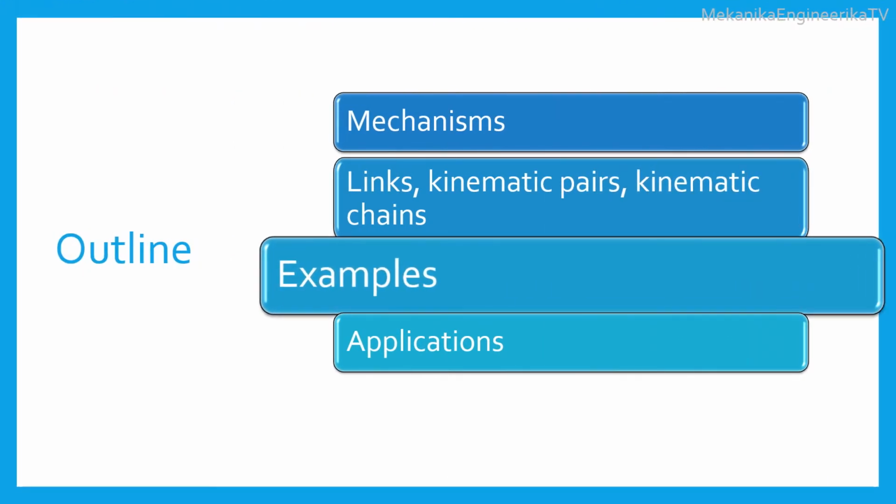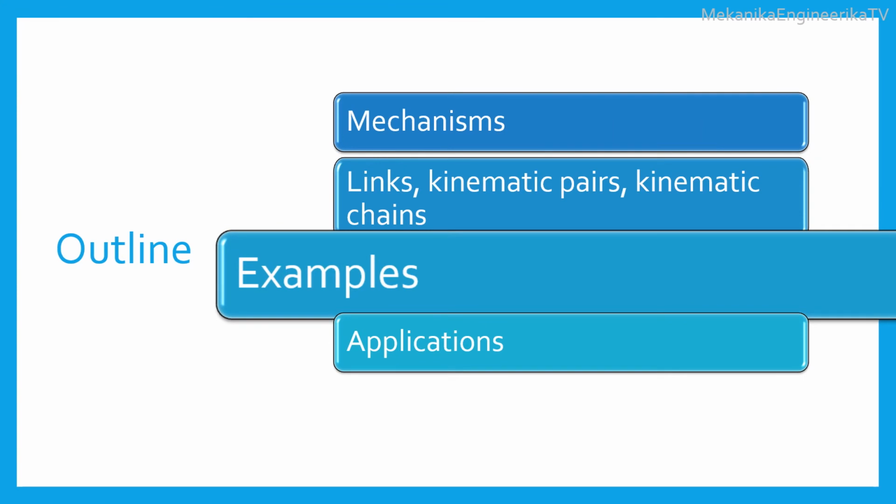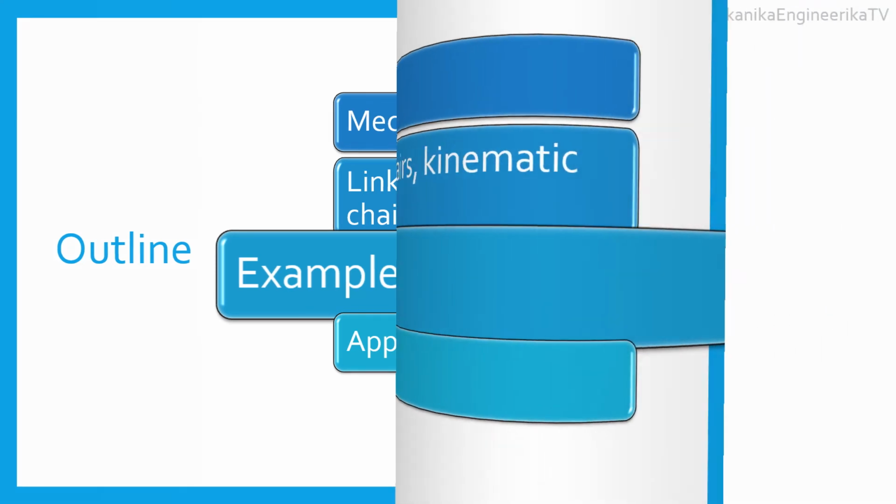After having a detailed description of links and kinematic pairs, we are now ready to have some examples of mechanisms. Just before giving some examples, we need first to introduce kinematic diagrams. Kinematic diagrams are simple, clear schematics of mechanisms.